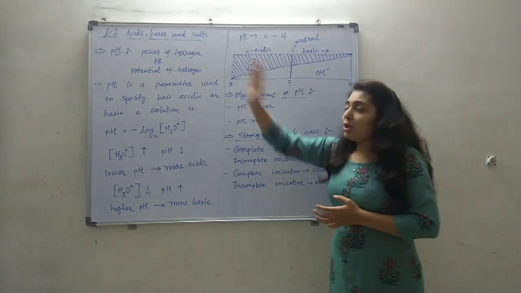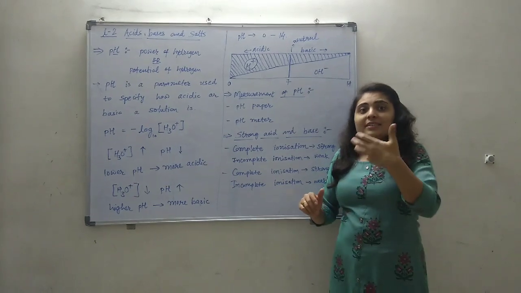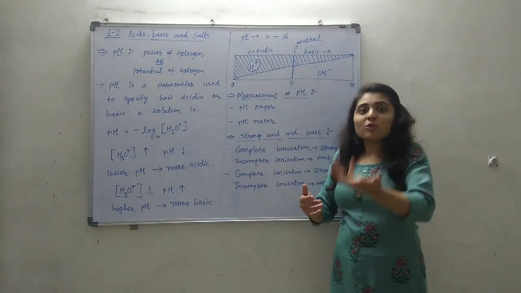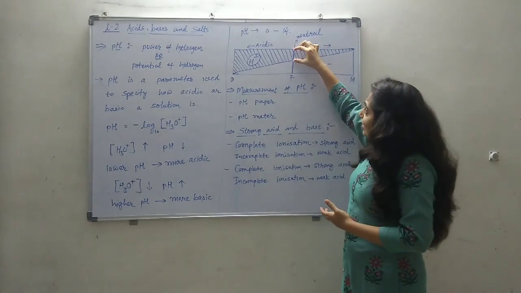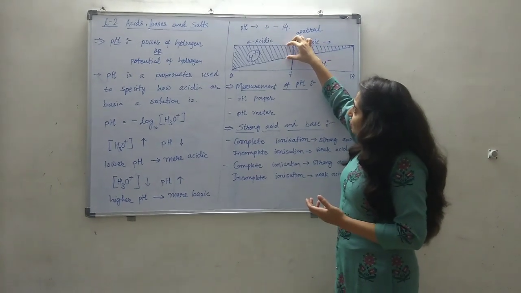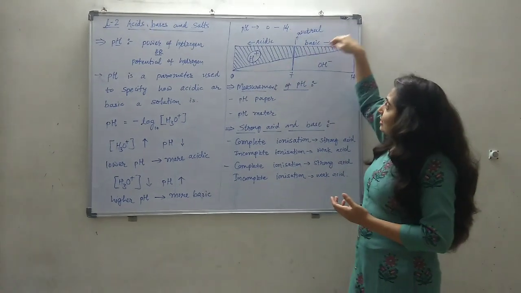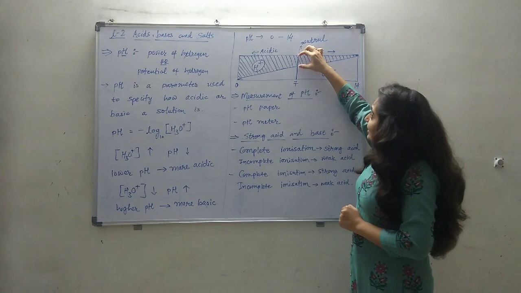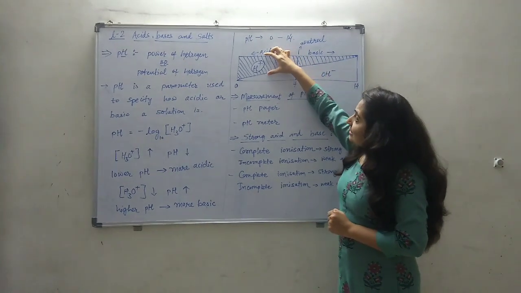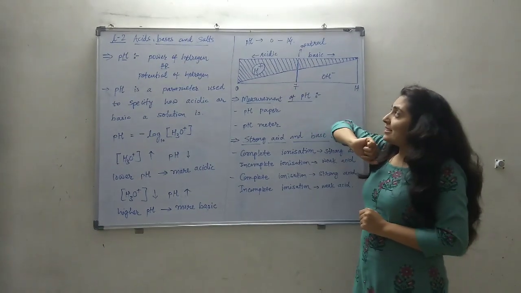For a lower value of pH, acidity increases, the strength of acidic nature increases. You can see that this line area is showing the H+ concentration, and this area is increasing.